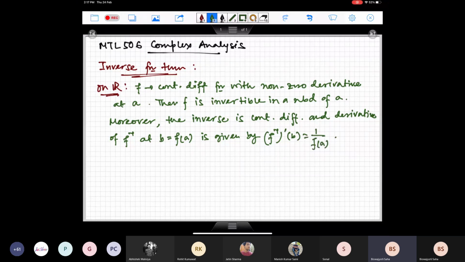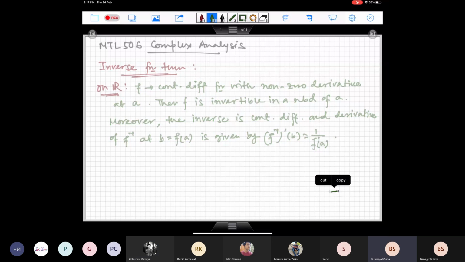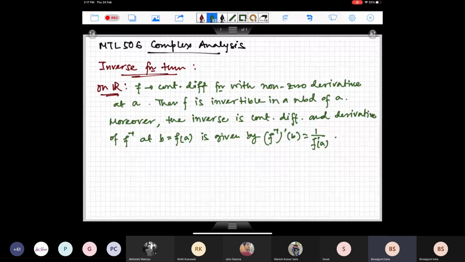So you really need to take f prime to be non-vanishing at a. As I said, it comes directly from this relation, and you anyway get it from the chain rule.